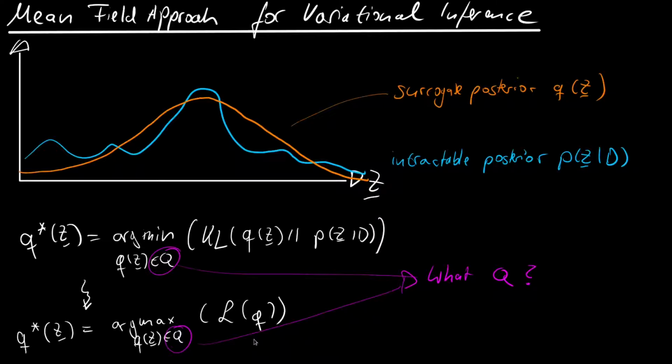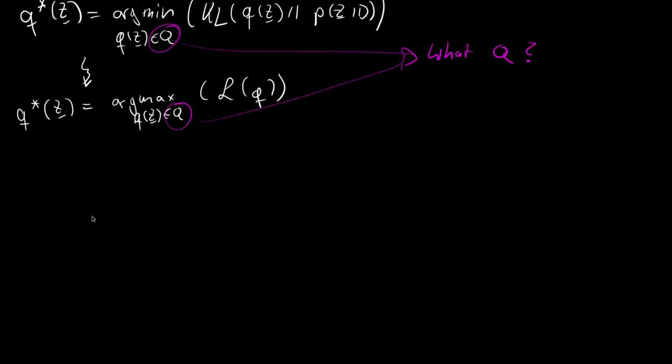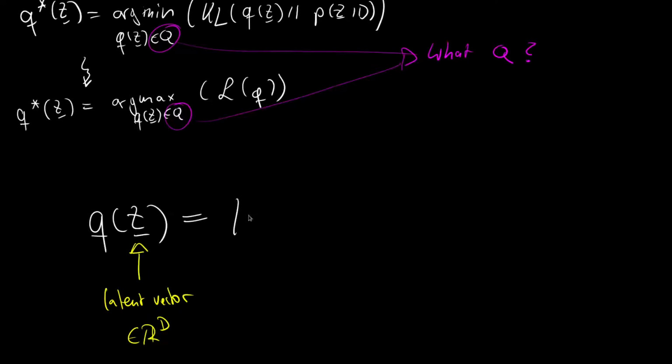And the main idea of the mean field approach is actually extremely simple, because we say that we have a posterior over a latent vector set. So let this be the latent vector, and let it be, for instance, D-dimensional, so that it has D components. And the idea is to subdivide it into independent distributions that are just multiplied with each other.